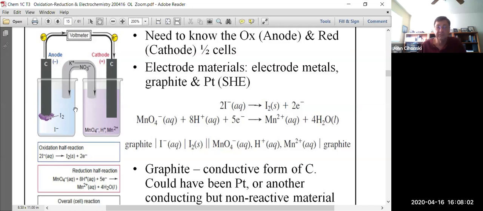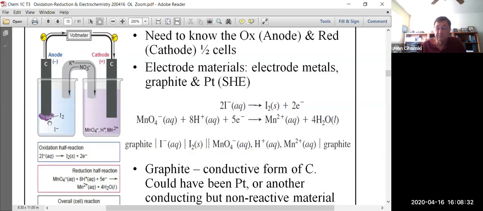So on the left-hand side for the anode, what do we have? We have the I- solution. Now, remember I said between the graphite and the solution, we have a bar to show a phase difference, okay? Why do we have a bar here? Well, it's because we have another phase difference, right? Notice that I2 is on the graphite.